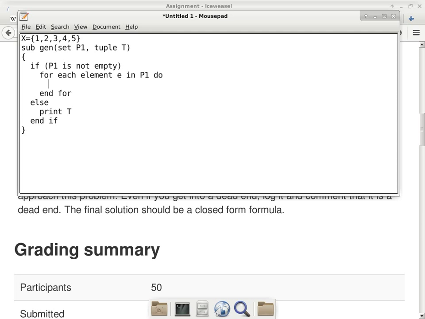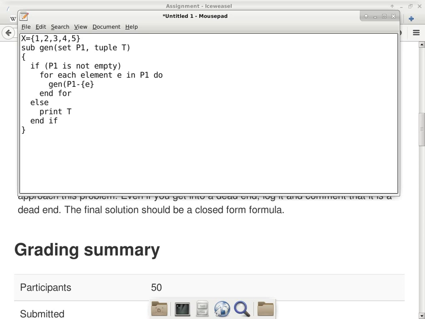We will add E to the tuple T. We'll also subtract the set of E from P1, and then we'll do it recursively. Okay, so we will do this recursively. We say gen again, which is recursion. So the first parameter is going to be based on P1, but not exactly P1 itself, because you have one fewer elements at this point.